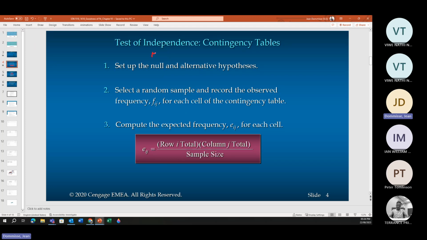So your null hypothesis will always be looking at the independence, where your alternative, H1 or HA, will always look at not independence, or sometimes I call it dependent.